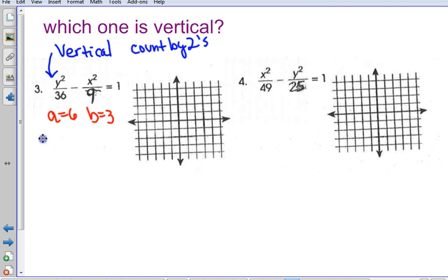The actual vertices are the ones underneath the y here, so they're going to be at (0, plus or minus 6), because it's going to open up and down. 2, 4, 6. And it was out 3 in the x direction, which will help us with the slope and with the rectangle.